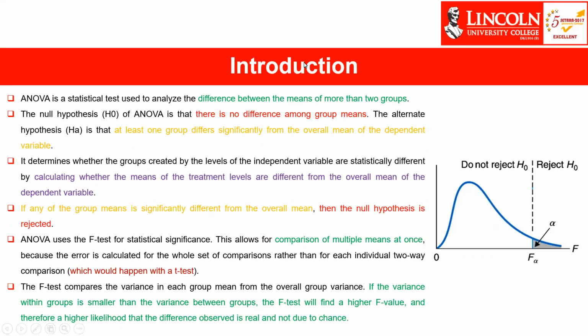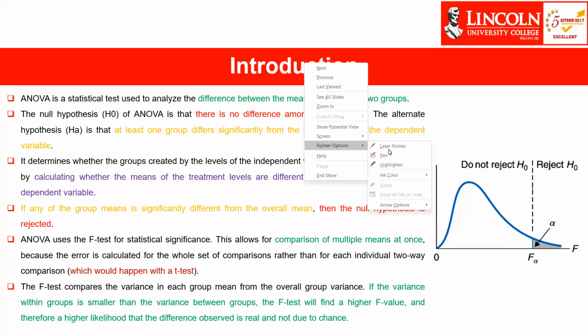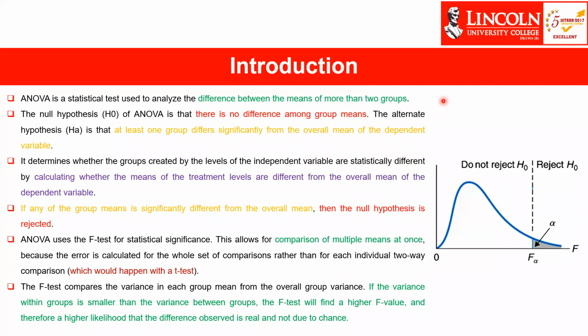If you want to check the difference between the means of more than two groups, then you can use Anova. The null hypothesis of Anova is that there is no difference among group means, while the alternate hypothesis is that at least one group differs significantly from the overall mean of the dependent variable.